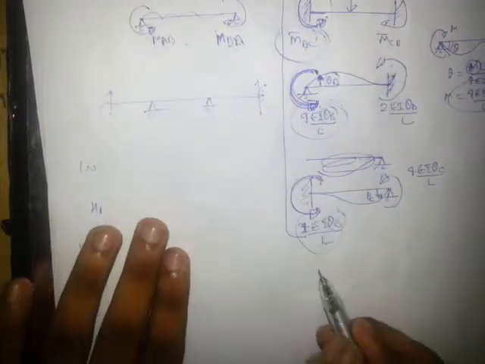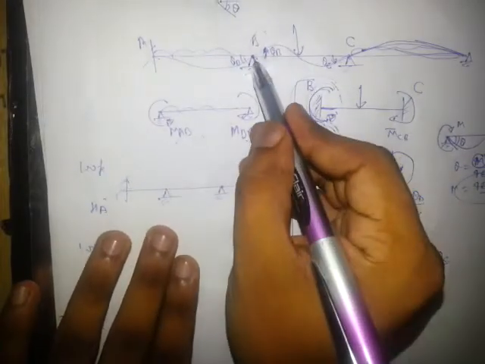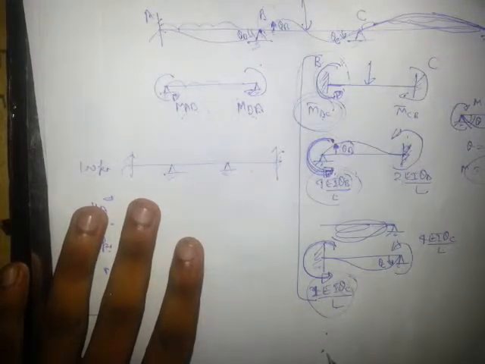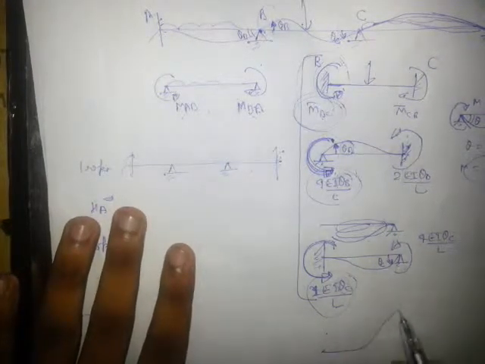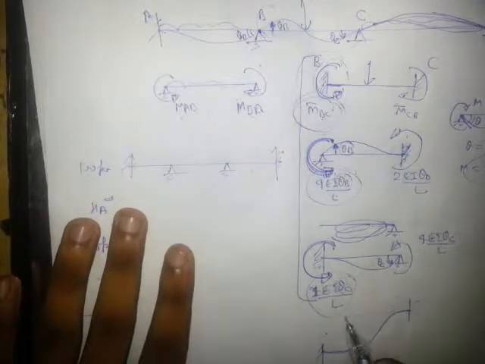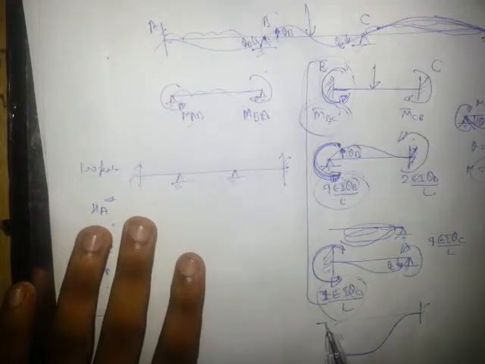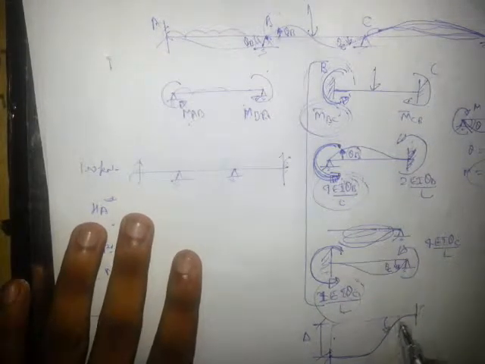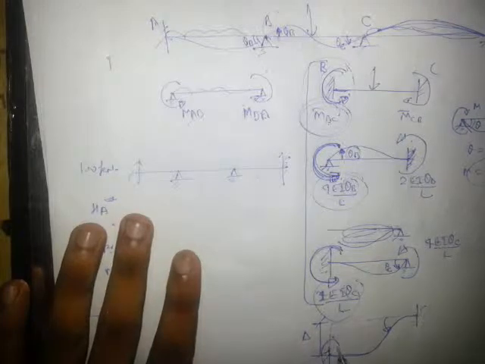If there is some effect of support settlement, let us suppose support B settles down, this is delta. So delta you will see is anti-clockwise, so these will be clockwise.